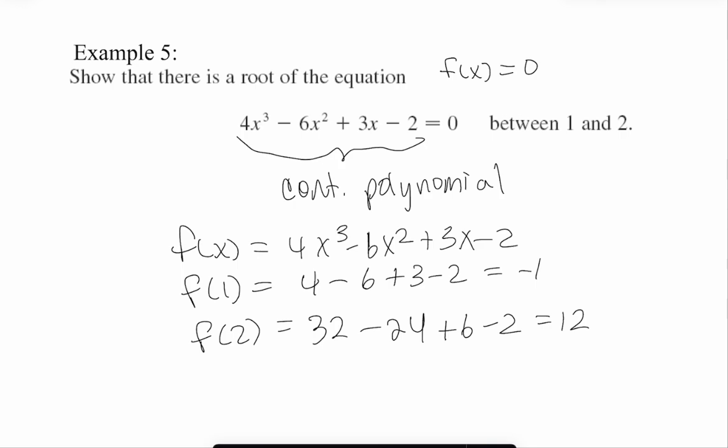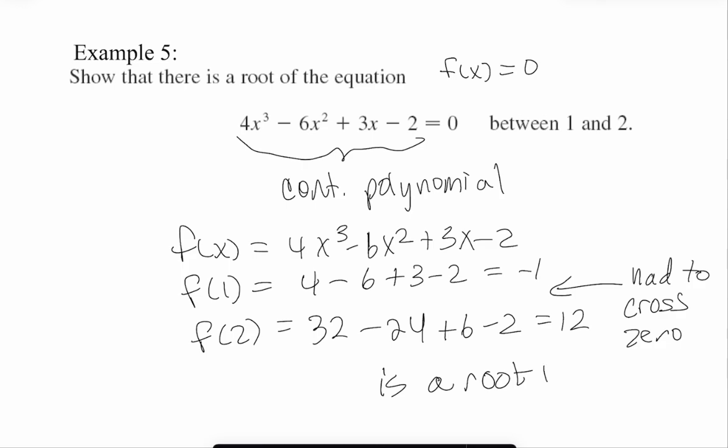So because it's continuous, and I went from a height of -1 to a height of 12, don't I have to cross over 0? That's what the intermediate value theorem is useful for. I had to cross over 0 to get to the other side. So there is a root, or a 0, between 1 and 2. That's all it's saying.